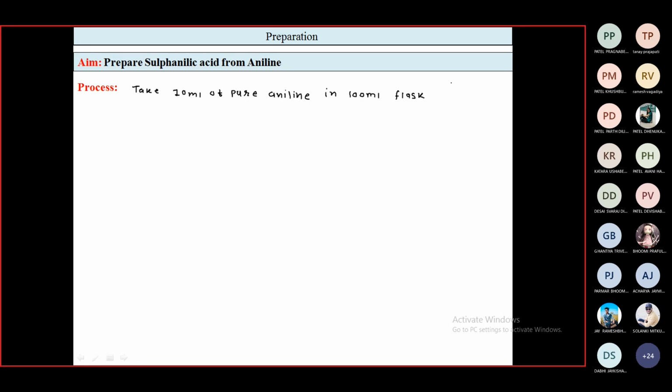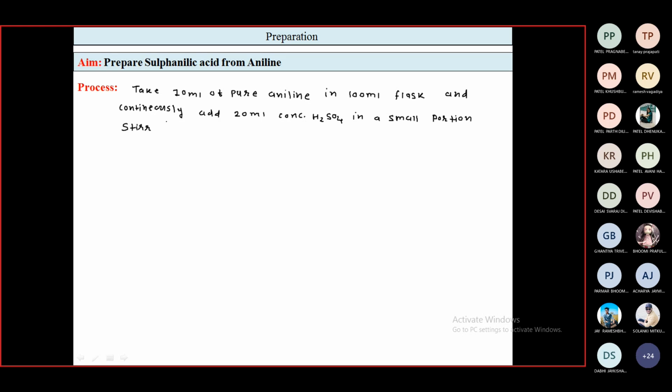First, take the 10 ml aniline, and for sulfonation continuously add 20 ml concentrated H2SO4 into the aniline solution in small portions.